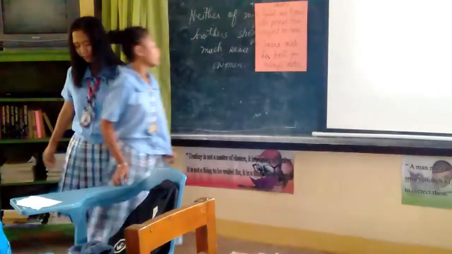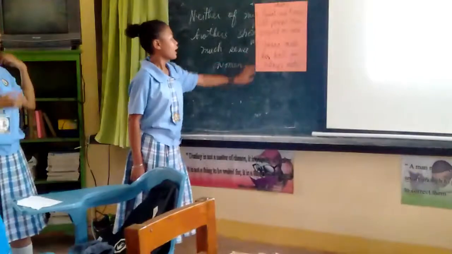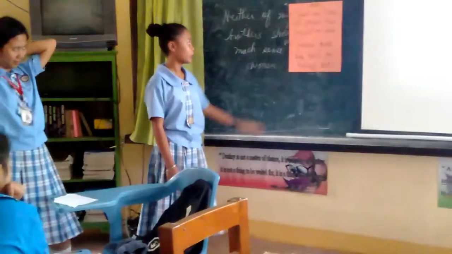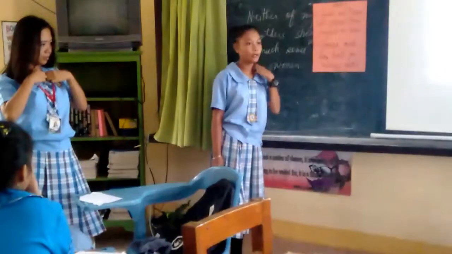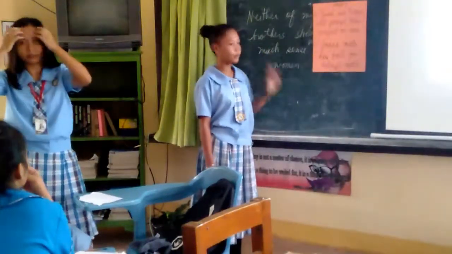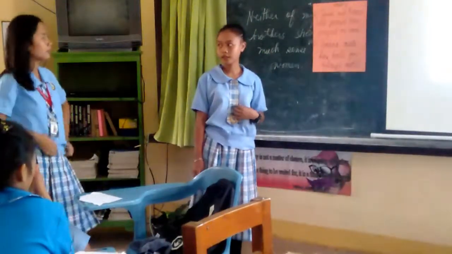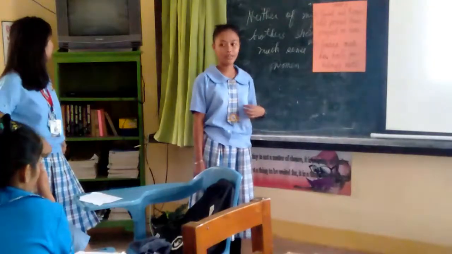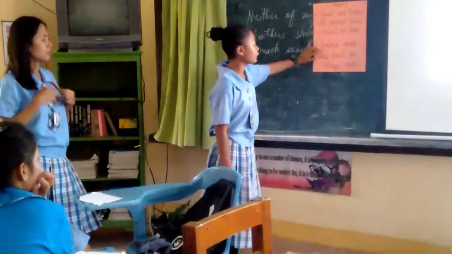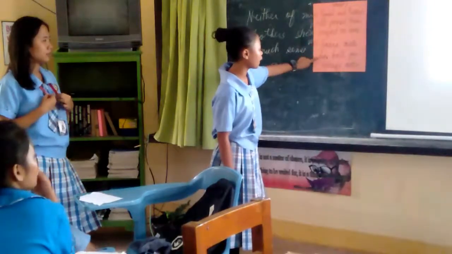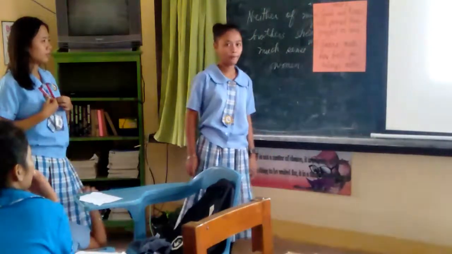So number 2, Joanna made her goal for today's match. This sentence follows rule number 1, which states that the pronoun should agree with the antecedent. Joanna is singular, so her is also singular.